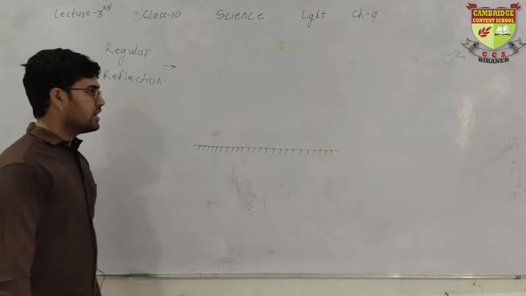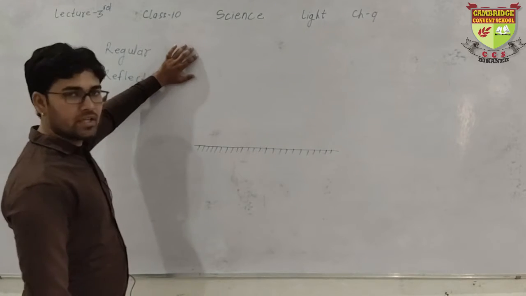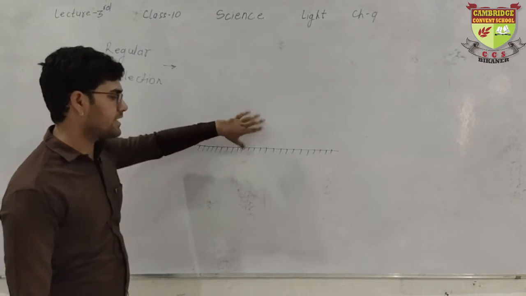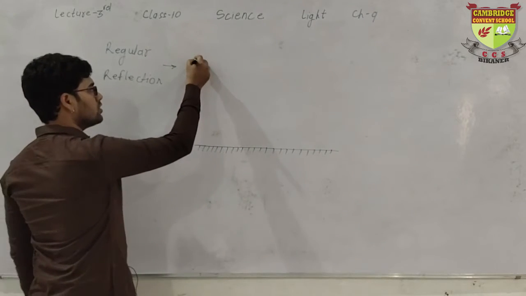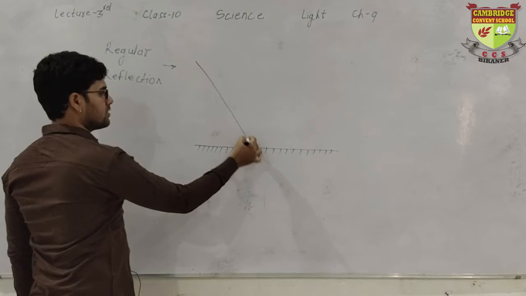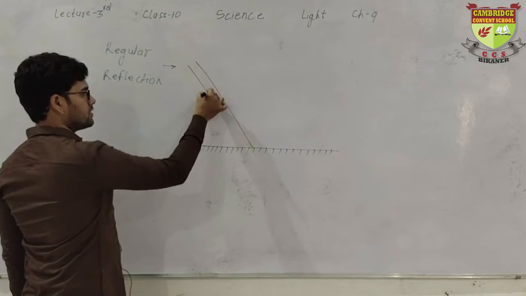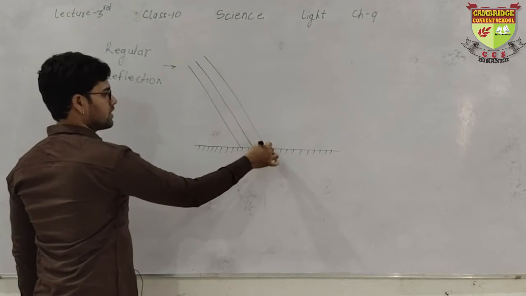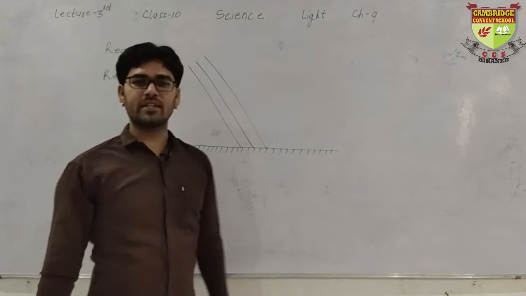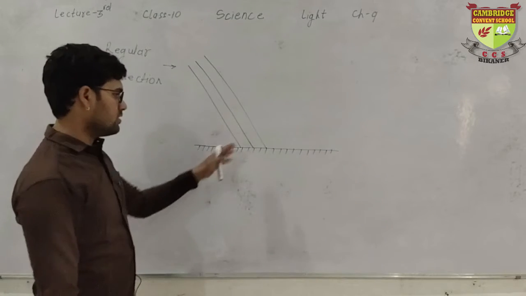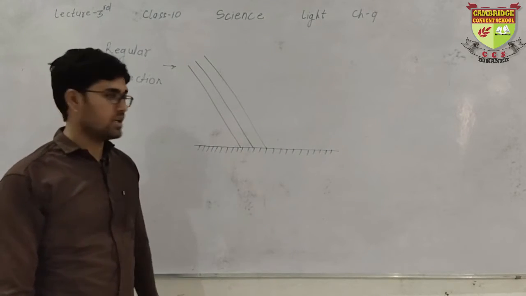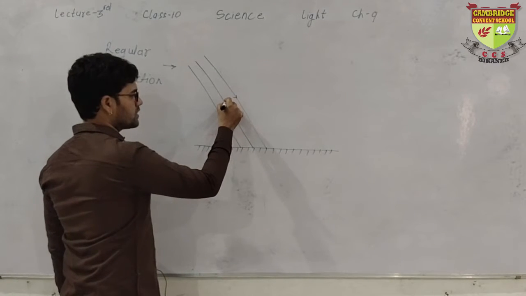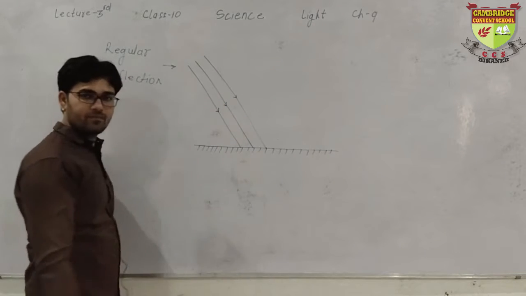Now what's happening? Light from any source, suppose there is a source of light from where lots of rays of light are coming. The first ray, the second one, the third one, and many more. So many rays are coming. I am just assuming our study with the help of only 3 rays. They came parallel, and let me also show the direction of the ray.